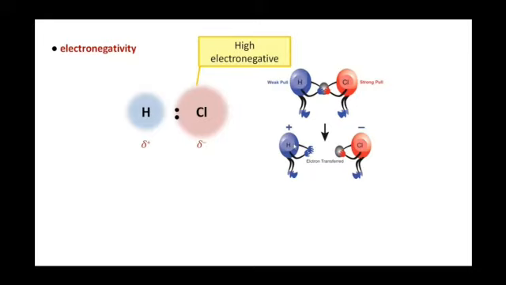As chlorine has 17 protons, it will easily pull the shared pair of electron towards itself. Therefore, chlorine is highly electronegative.